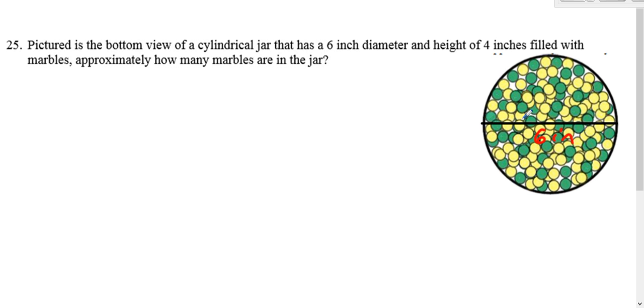It's okay, we could be off by about a marble or so here. I would say 1, 2, 3, 4, 5, 6, 7, 8, 9, 10, 11, 12, maybe 13 marbles going across 6 inches. If I counted again, I'd probably get 14 or 12, but 13 is a good enough guess.